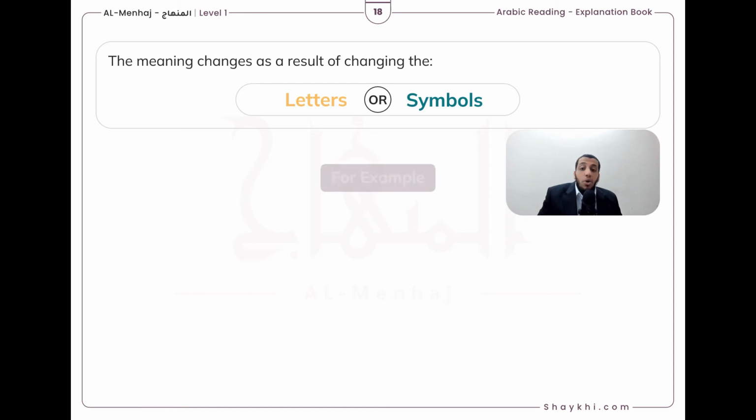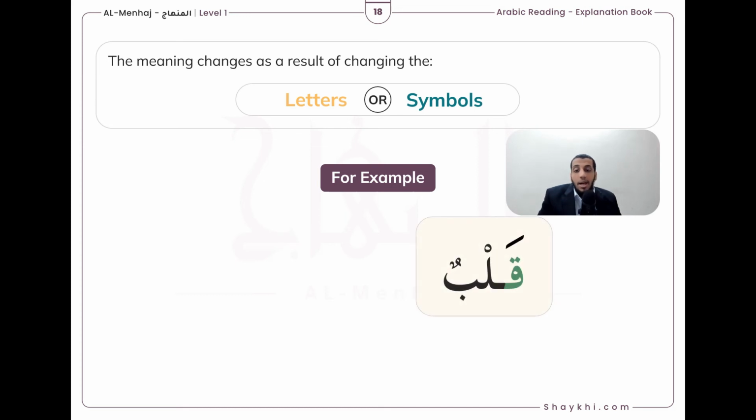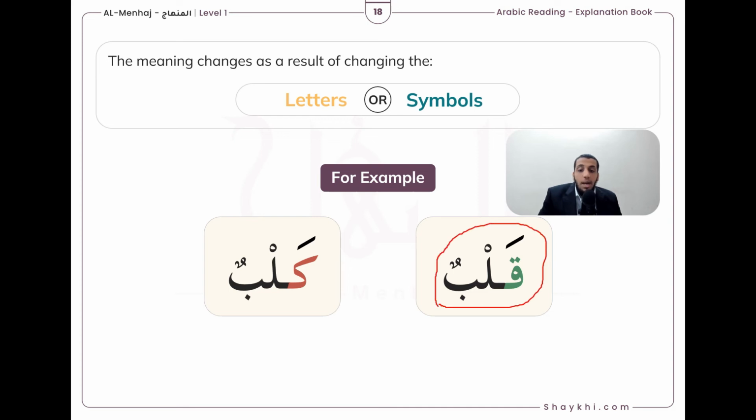Okay, so we will take an example now of how changing the letter changes the whole meaning of the word. We have here two words. The first word is qalb and the second word is kalb. Imagine the first letter is the only difference between these two words.